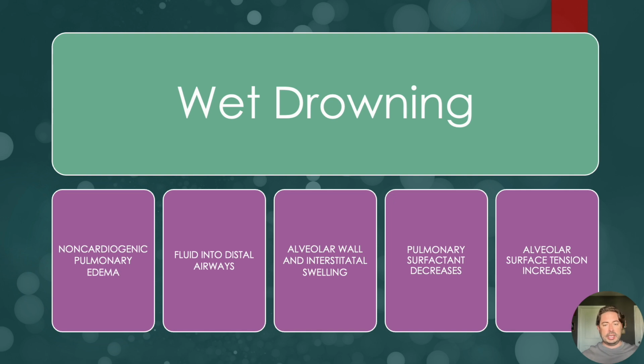So we get a movement of water from the upper airway, and the pulmonary capillaries allow fluid into the alveoli as well. So you get a double whammy when it comes to these patients, and that's typically why they have a lower survival rate than those with dry drowning. And we're going to break those down a little bit more here in just a little bit.